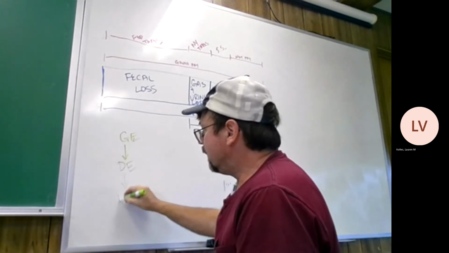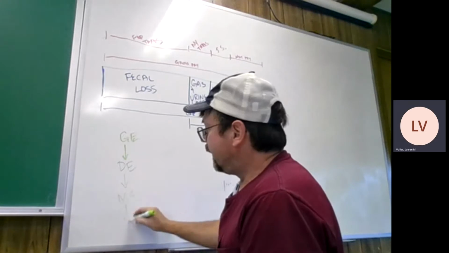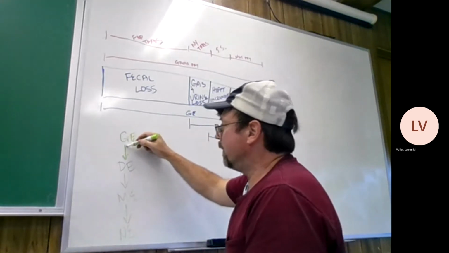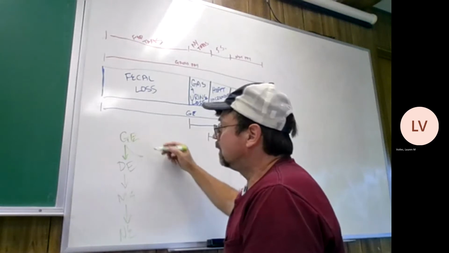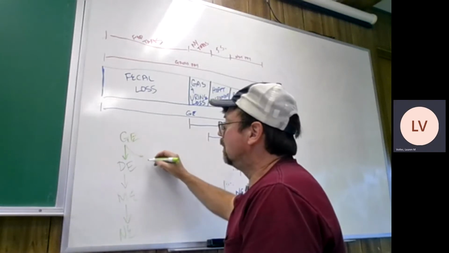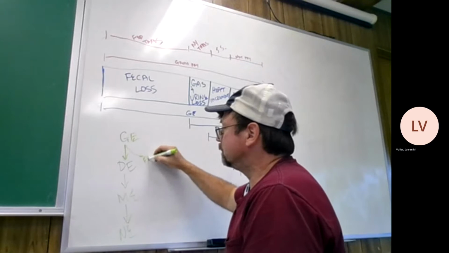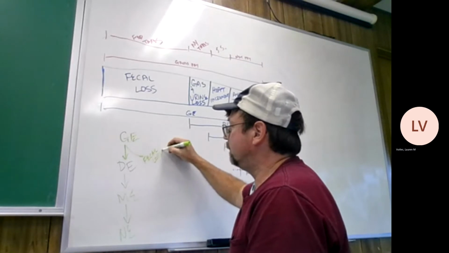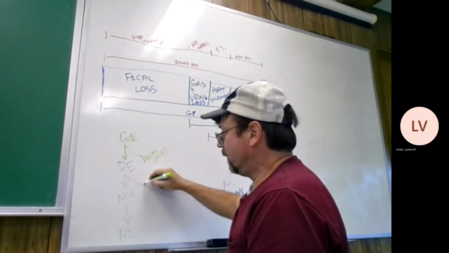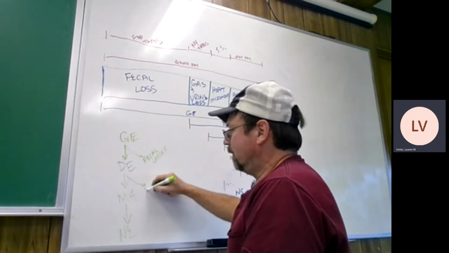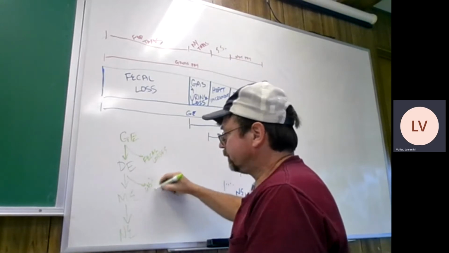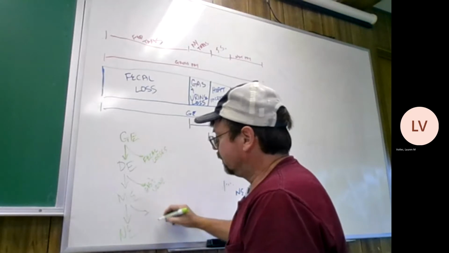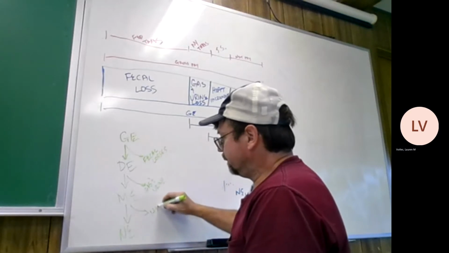D, E, M, E, N, E. So what do we lose from here? Fecal losses is our first cut. What do we lose here? The gas in urine. Gas and urine. And then what do we lose here? The heat. Heat.